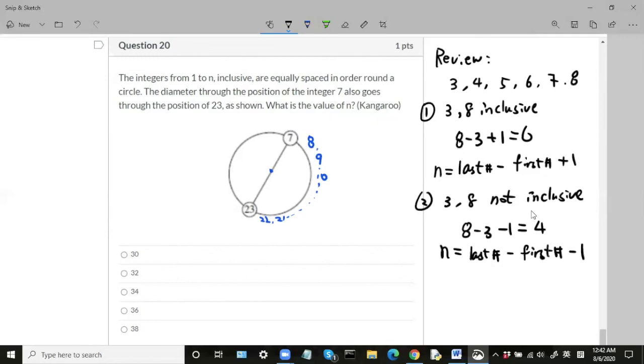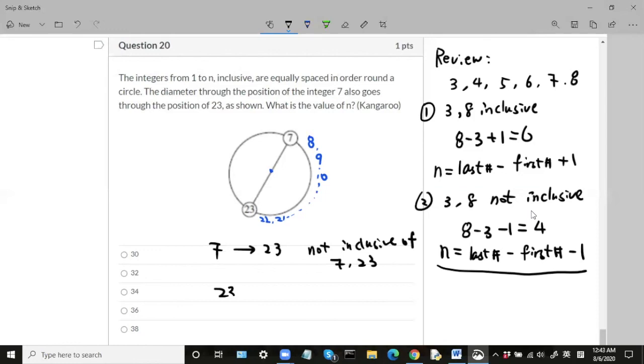So let's look at here. We have 7 to 23. Let's count how many numbers are between 7 and 23, not inclusive of 7 and 23. So we use this formula. It is 23 subtract 7, and subtract 1. So that equals 15.